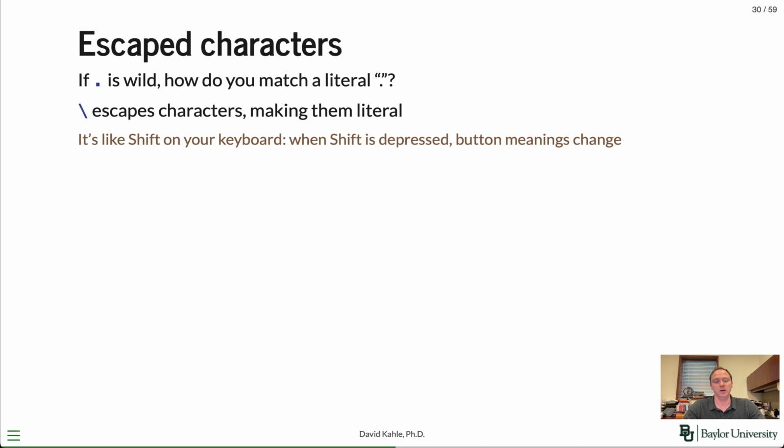And everybody knows that when you push the Shift button down and you hold that button, and you push another button, the other button that you push will have a different meaning. Okay, now you probably don't usually think about it as different meaning. You probably think about it as shifting the case of a particular character. Okay, but that is, in some sense, a different meaning, right? The button that was an A, and if you just ordinarily push it, would give you a lowercase a. Now, when you have the Shift button depressed, is going to give you an uppercase A, a different kind of character. That's what these slashes are going to do.